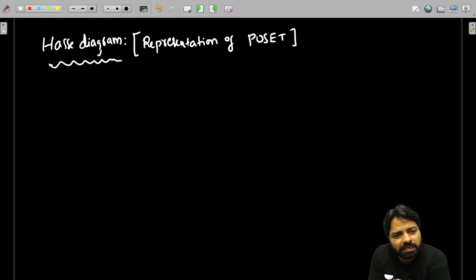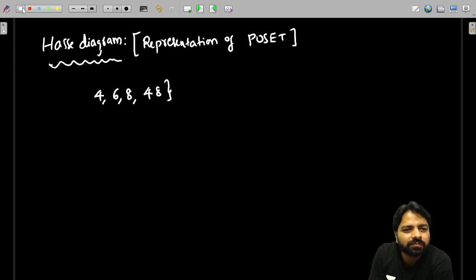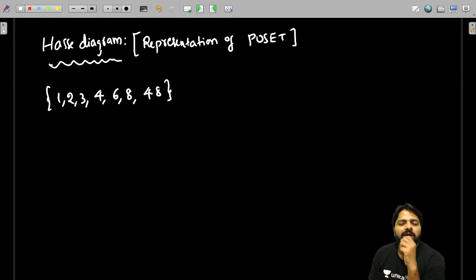Suppose you have a poset, let me write 1, 2, 4, 6, 8, 48. Suppose I have these elements, but let me keep a little bit more: 1, 2, 3, 4, with the division symbol.